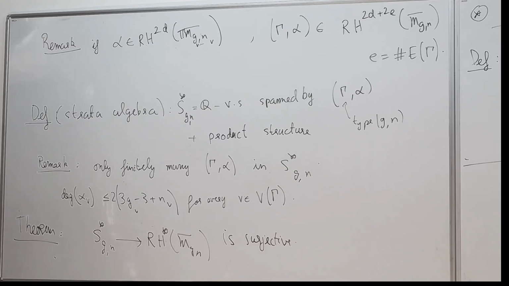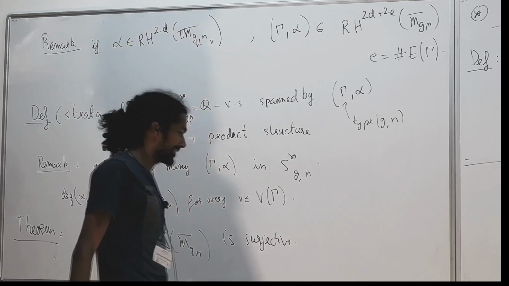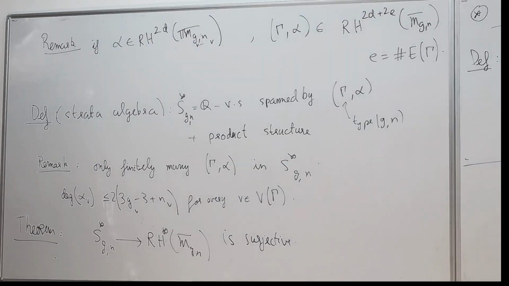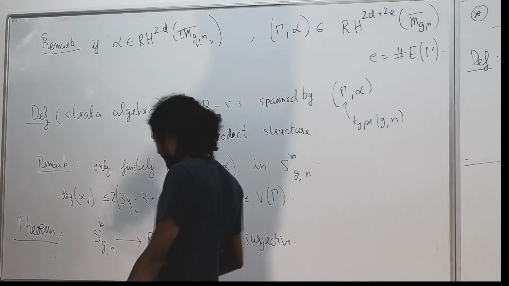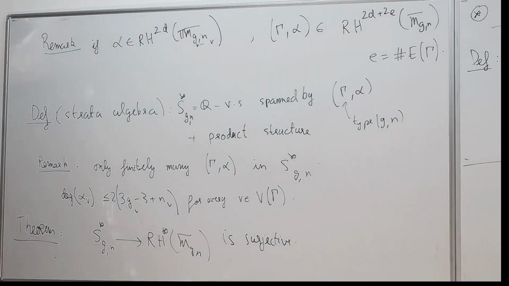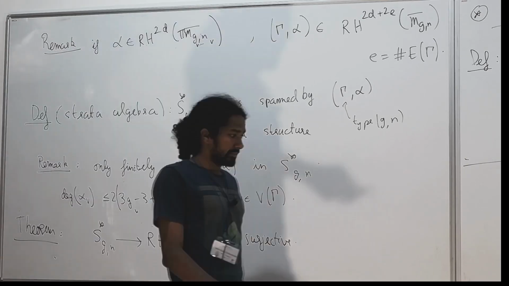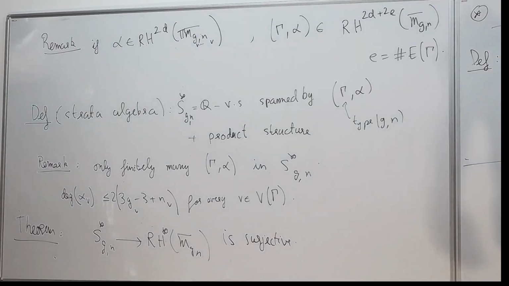I'm not going to say anything about them, unfortunately, but that's a very interesting question. This map is very far from being an isomorphism. There are many relations in the strata algebra, and these relations are called tautological relations. It's a very active field of research to understand things about tautological relations.